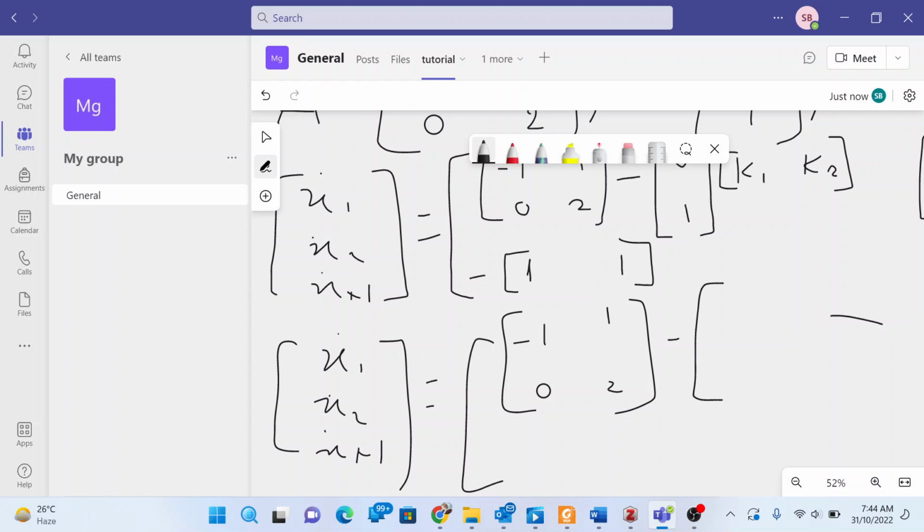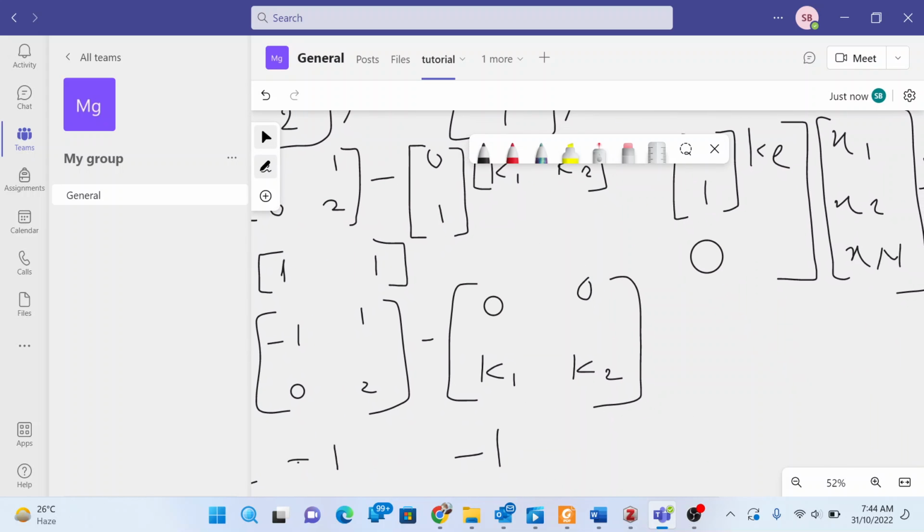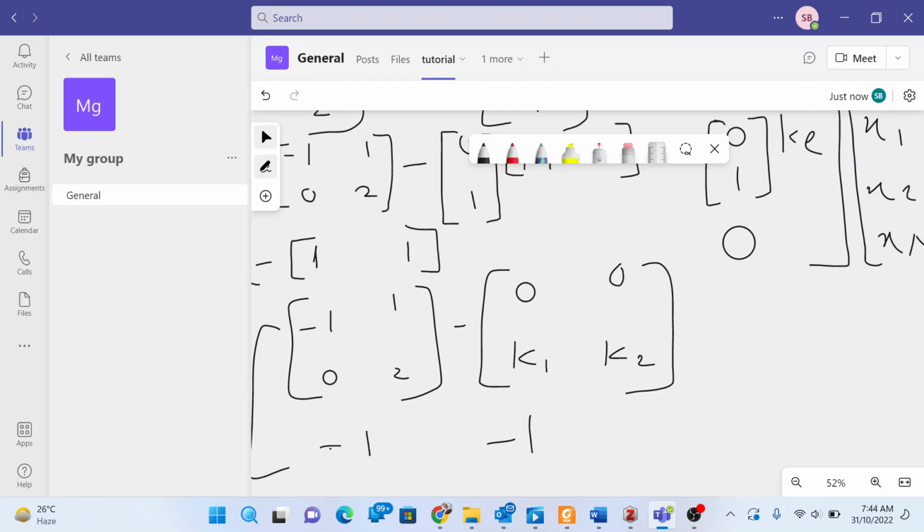Then if we multiply this, we are going to get 0 K1 and 0 K2, right? And this is going to be minus 1. While on this side, this is BK, so this is going to be 0 KE, while the one here will be 0.